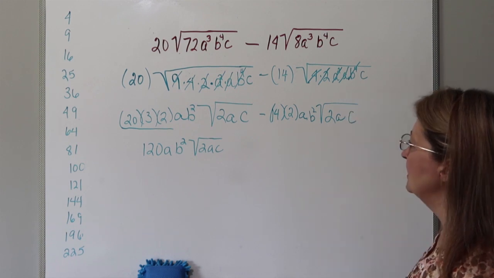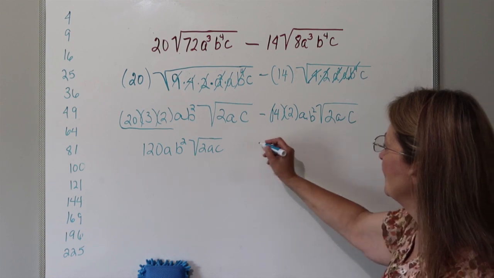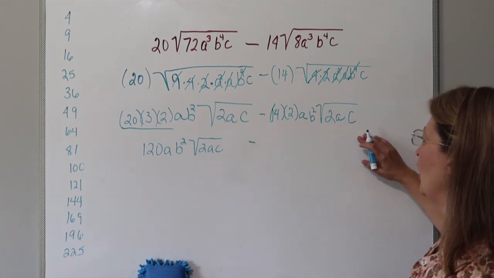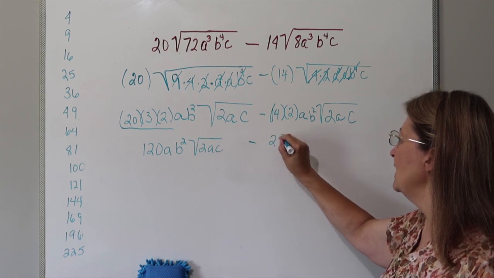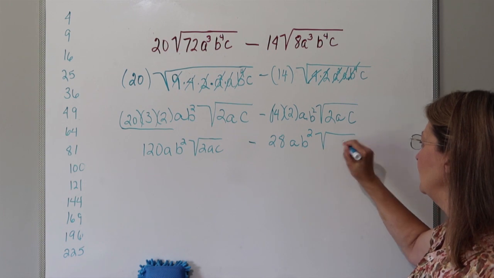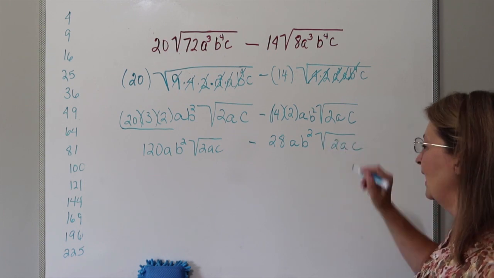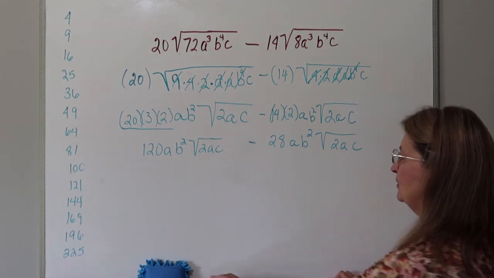And c is going to have to stay under the radical. Okay? So when I simplify this to get all my multiplication done, 14 times 2 is 28 a b to the second, square root of 2ac.